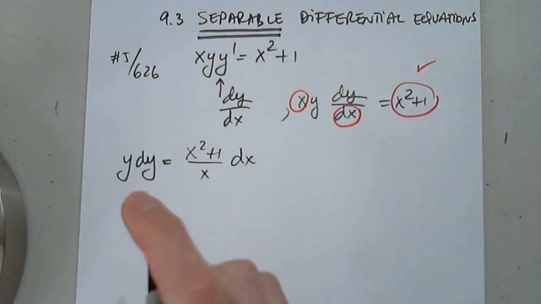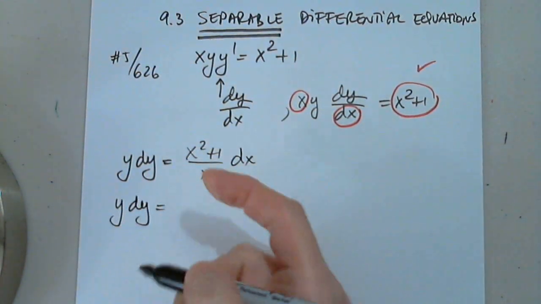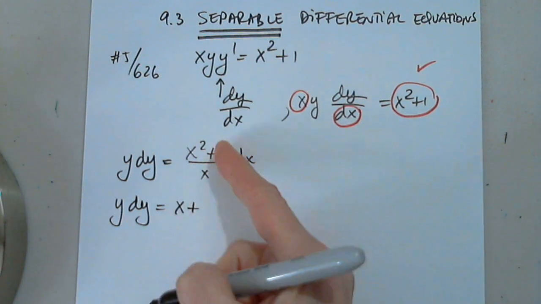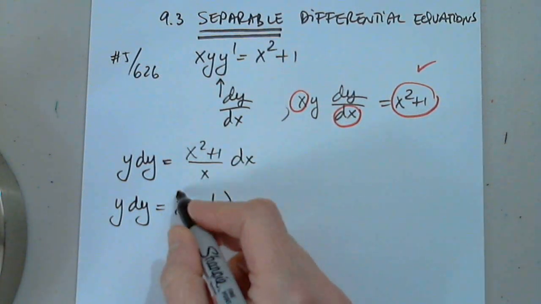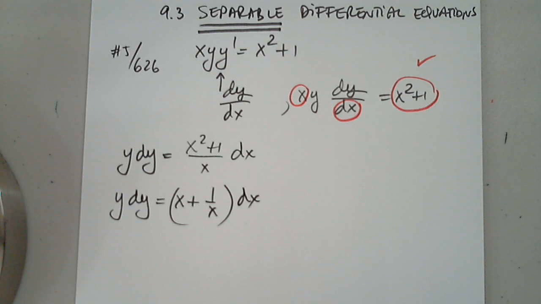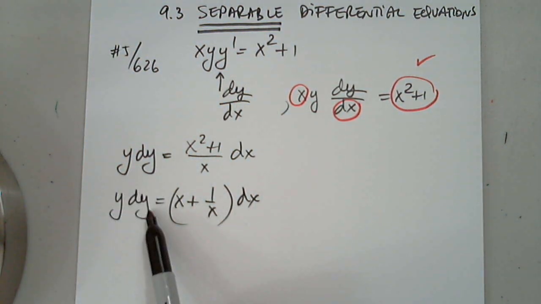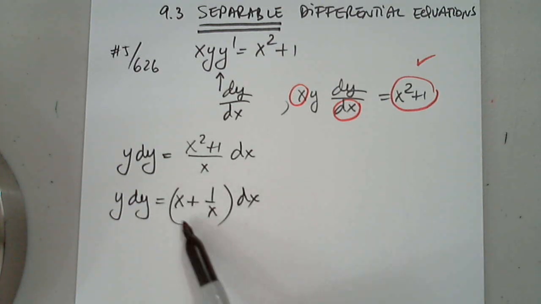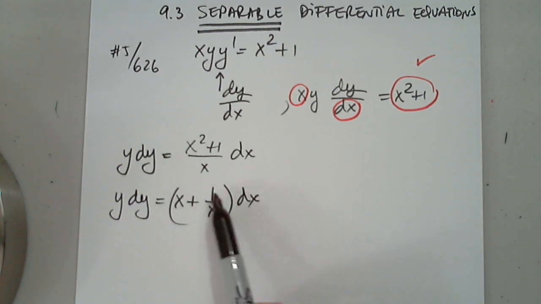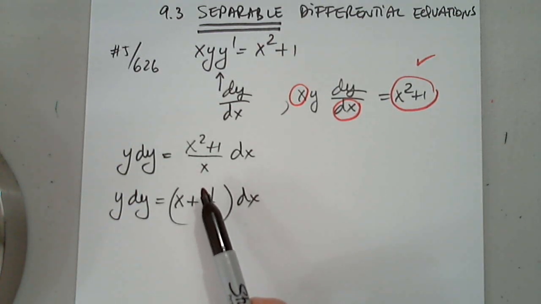I will simplify. So y dy equals, x squared over x is x, plus 1 over x. We separated the variables. So y is alone on one side with dy, including dy of course, and on the other side we have any term that has x and dx.